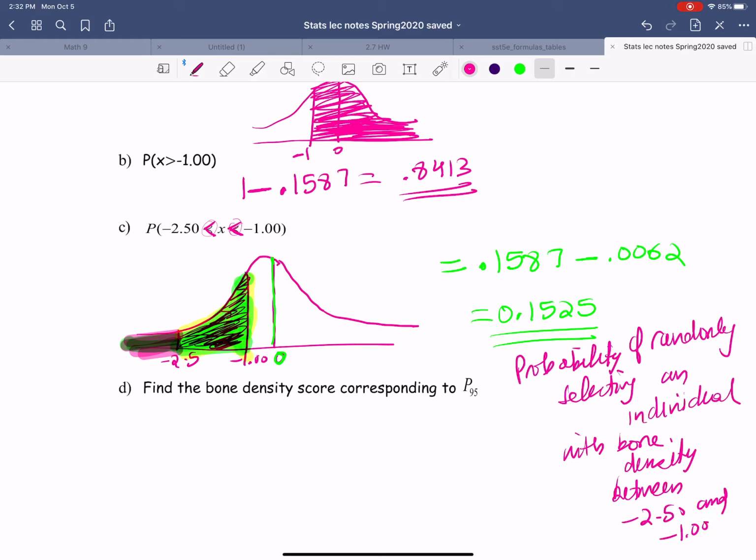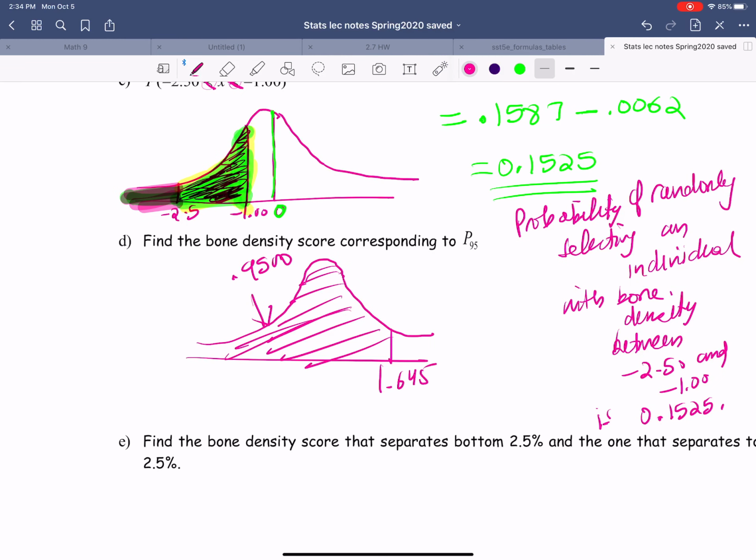0.9500 is actually, as we saw earlier, in between these two values. It's in between 1.64 and 1.65, so I would say it's 1.645. Again, you can do the average of 1.64 and 1.65 divided by 2.